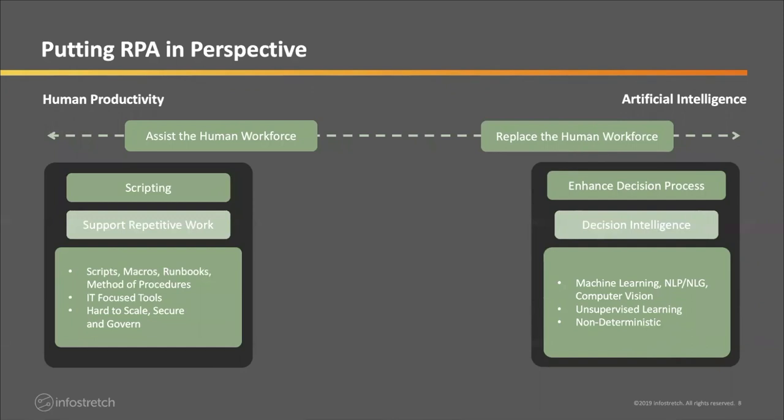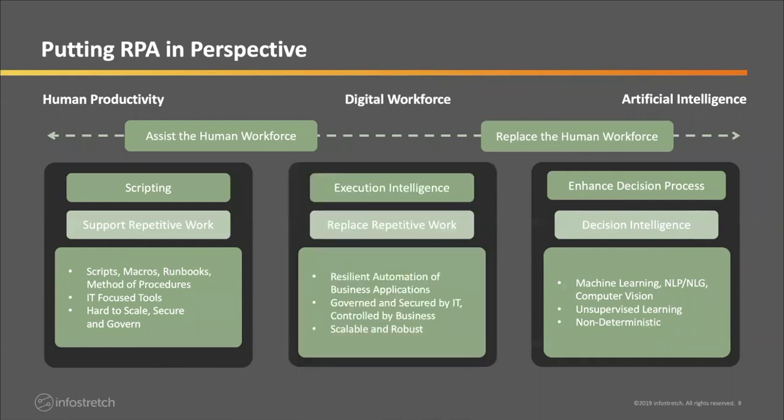That is really going to happen someday, maybe, but in between there is this critical stage which we need to start thinking about migrating to, which is this digital workforce, which is execution intelligence, and replacing the repetitive work that you are doing in your organization. Provide that scalability and security and predictability that we are looking for from the digital workforce.